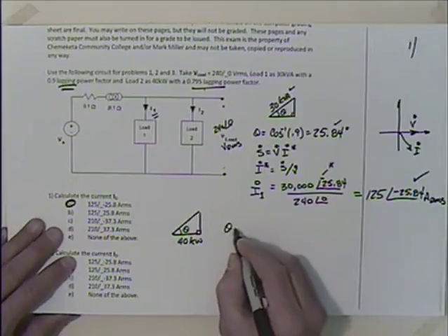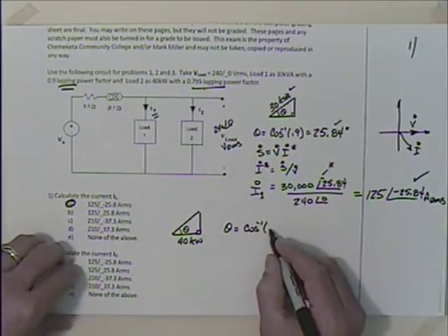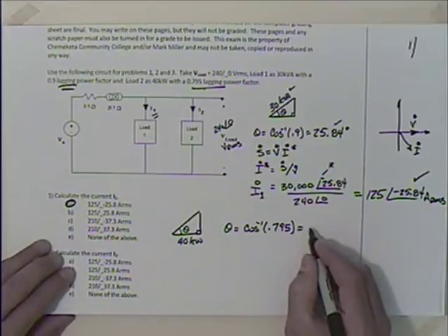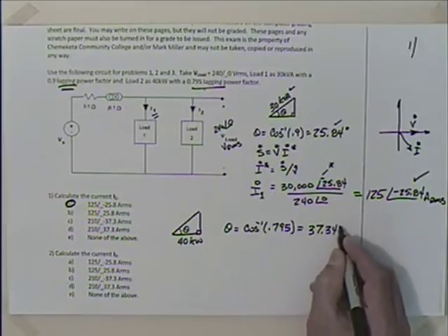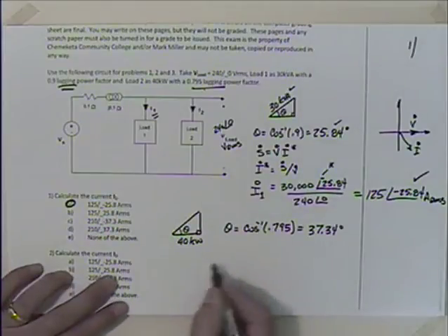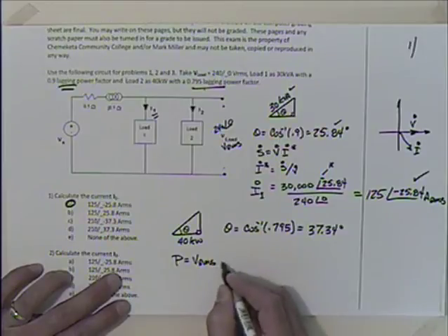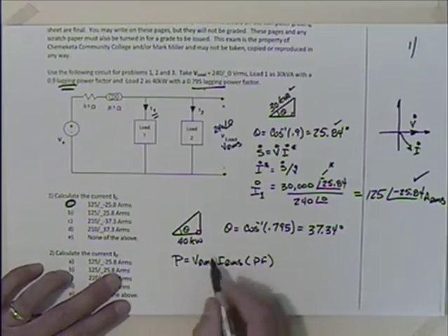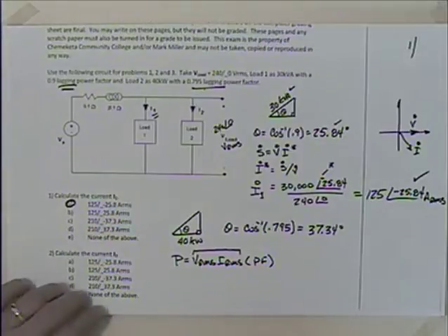So I'm going to say that theta is equal to the inverse cosine of 0.795, which gives me 37.34 degrees. So I know that angle there. Well, I'm going to go back to my old friend that power is equal to V RMS times I RMS times the power factor. If you want to be really fancy, you could say that this term here was apparent power, so apparent power times the power factor.